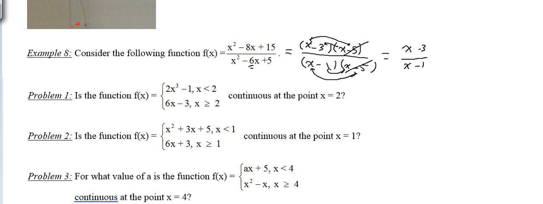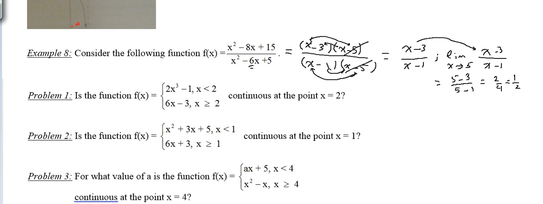As x tends to 5, we substitute 5 into x minus 3 over x minus 1. It gives 5 minus 3 over 5 minus 1, that is 2 over 4, it's half.